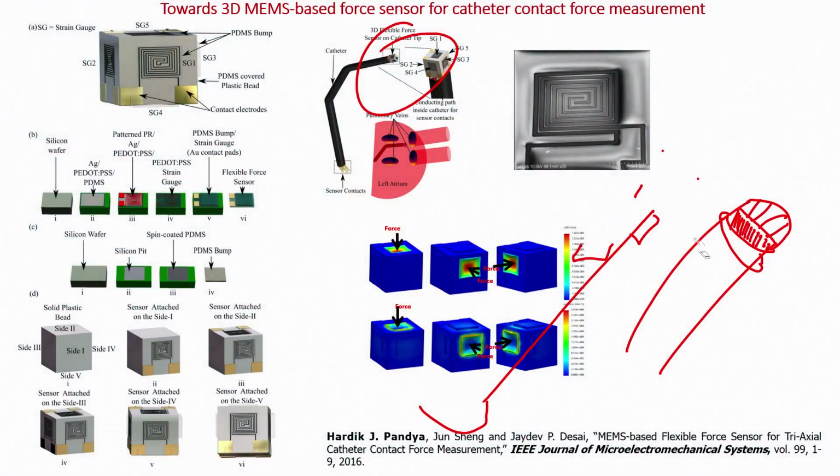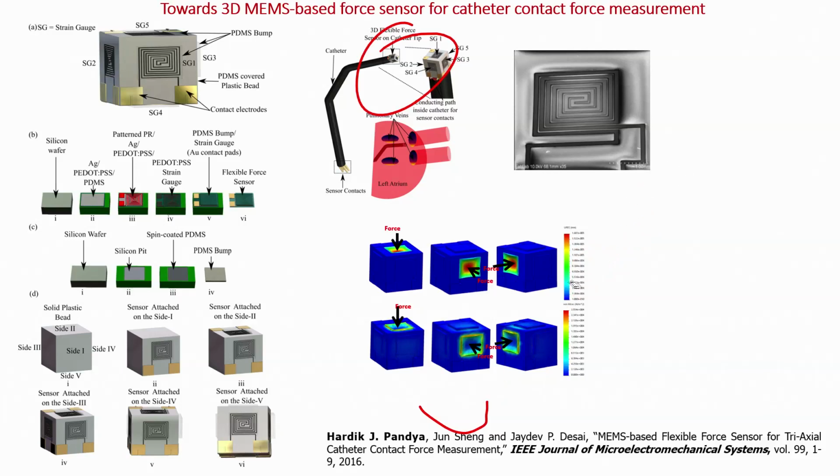So, if you come back to the screen, what we see here is the fabrication process, these two. First fabrication is from silicon wafer to a flexible force sensor.